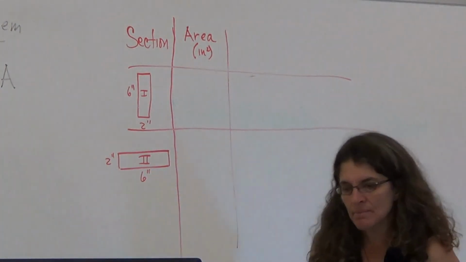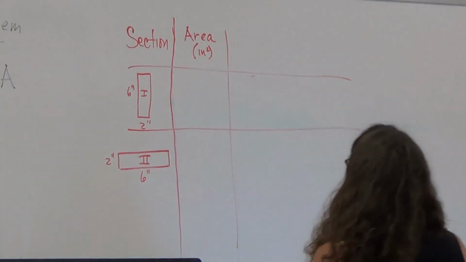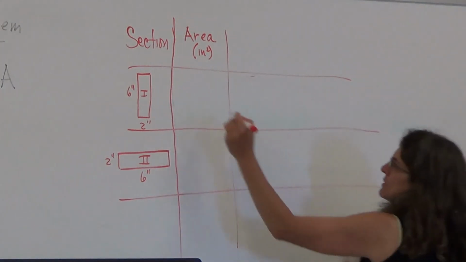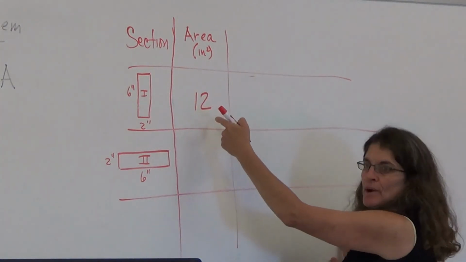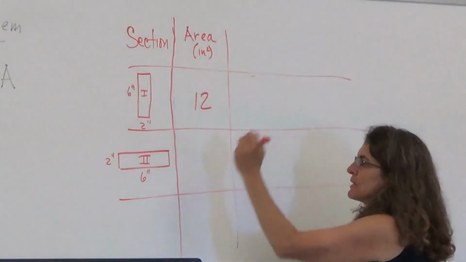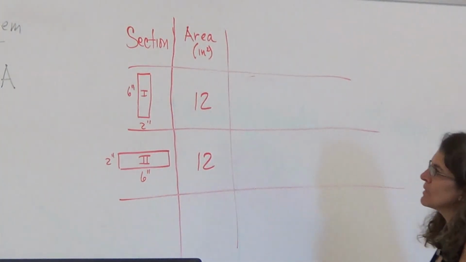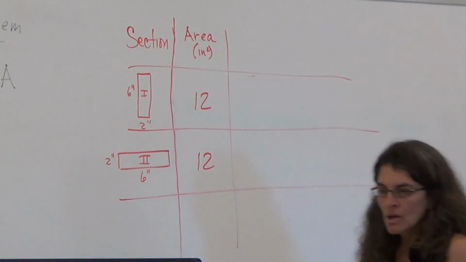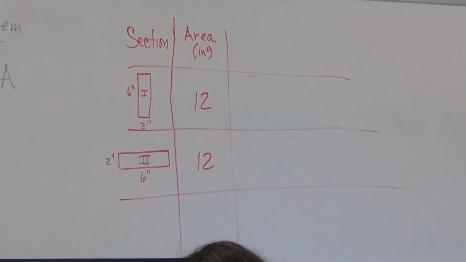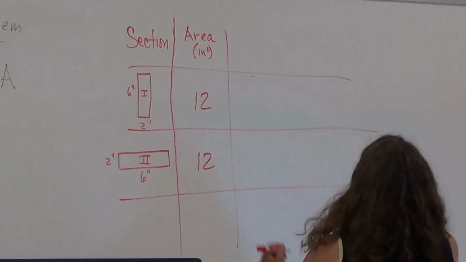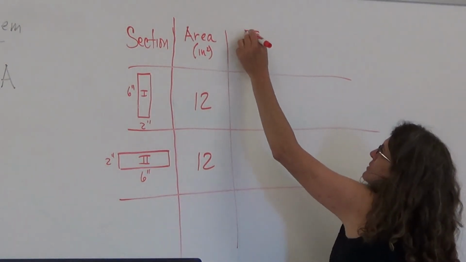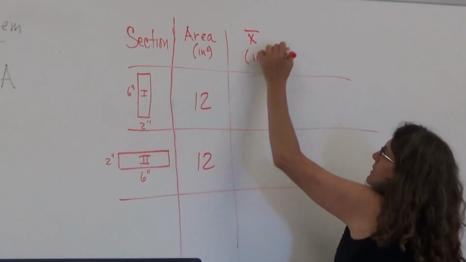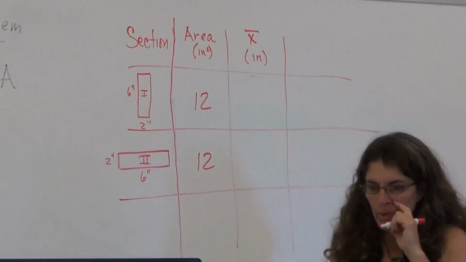Chelsea, you said it was the same? Yeah. Okay, so what's the area of the first one? 12. Do I have to write inches squared? No, because I wrote it at the top of the column. There's 12. So what am I interested in finding? They want to know the centroid, right? So they want to know x bar. What are the units of x bar? Inches. Where are we measuring things from?